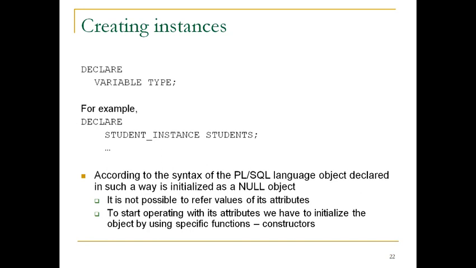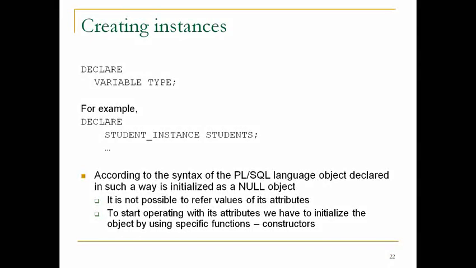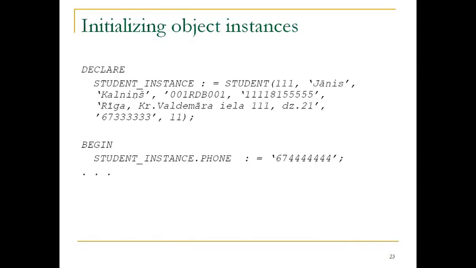And to start operating with such a null object, we have to initialize it. And it is done by the so-called constructor function. Again, the same thing as in any object-oriented language. To initialize the variable, we have to use these constructors.